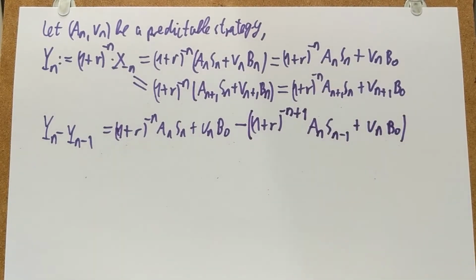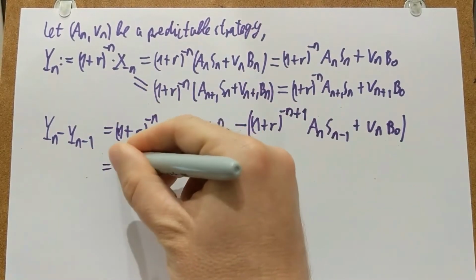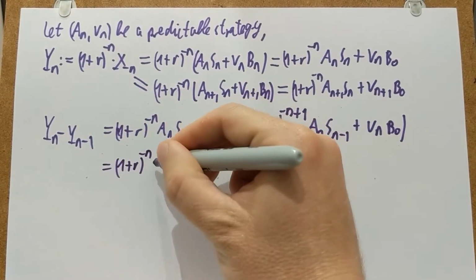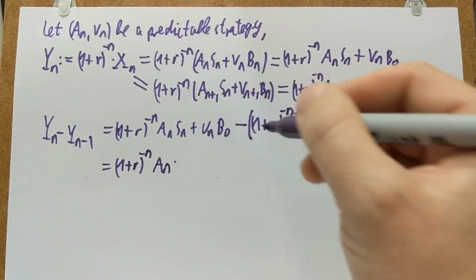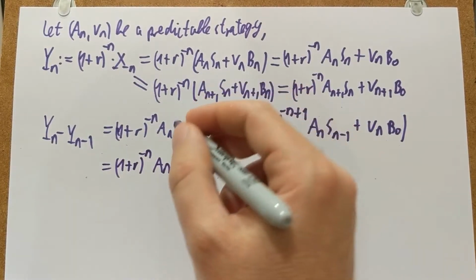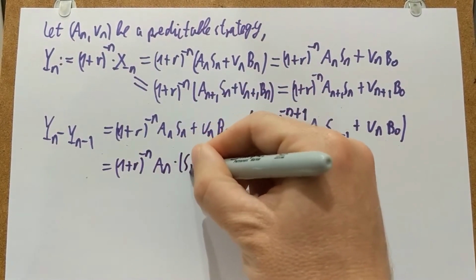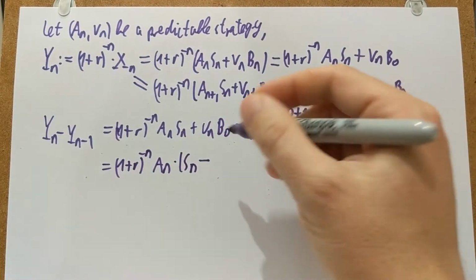Okay, and now cancel out whatever we can. So the Vn B naught cancels. The An can be factored out, and so it actually becomes quite nice. The (1 plus r) to the minus n also factors out. So (1 plus r) to the minus n, An, those factor out. And then what is left is what? Let's see. So I have An Sn here, and I have an extra 1 plus r and Sn minus 1.